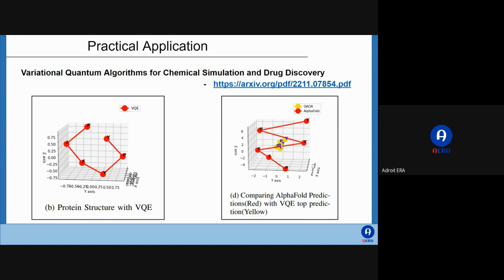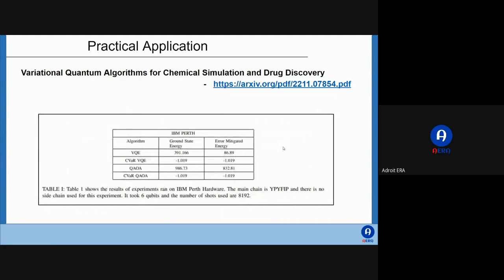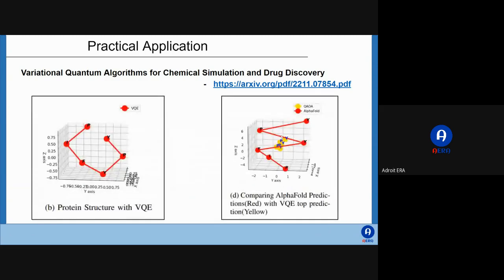So through this research paper, we conclude that if you want to use variational quantum algorithms for chemical simulation and drug discovery, we need a lot of qubits. The current number of qubits is not enough to compute this.